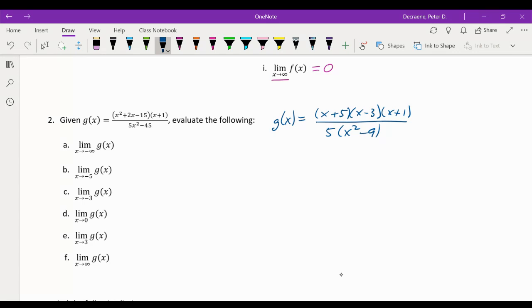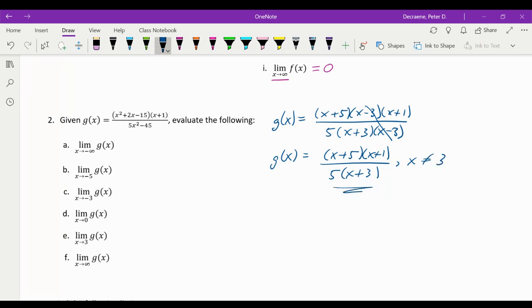Ooh, that factors some more. x squared minus 9 is x plus 3 times x minus 3. Oh, and look, the x minus 3's divide out to 1, so g of x is equal to x plus 5 times x plus 1 divided by 5 times x plus 3, provided x is not equal to 3.